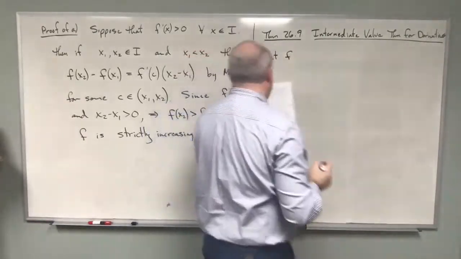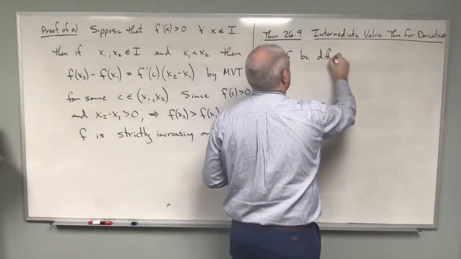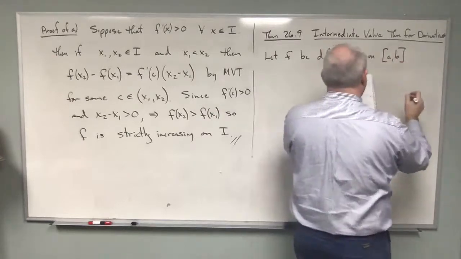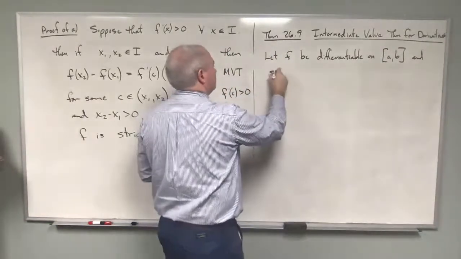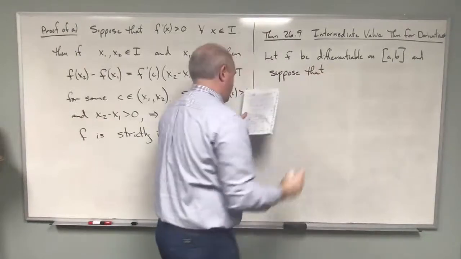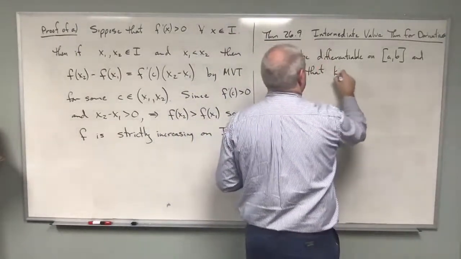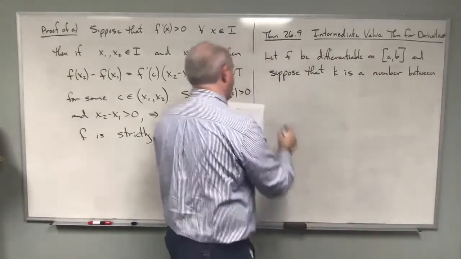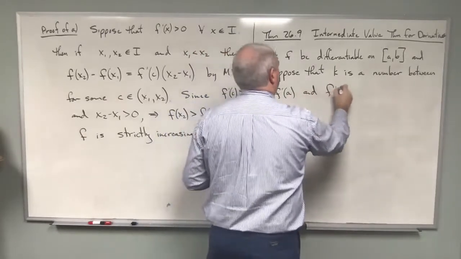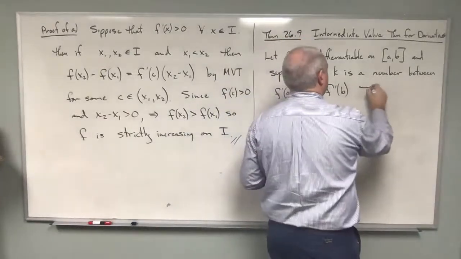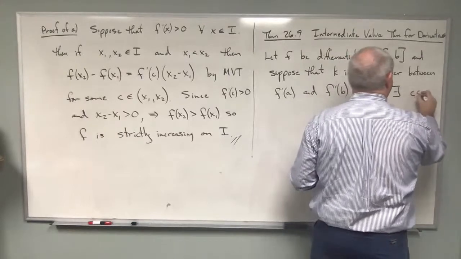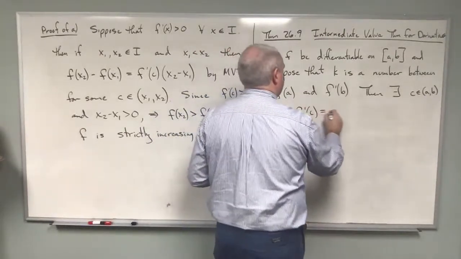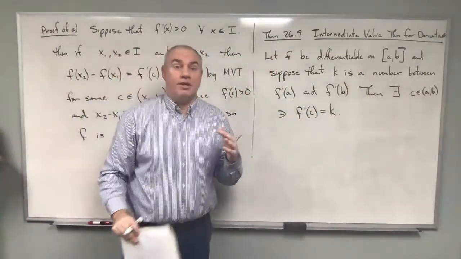So let f be differentiable on the closed interval from A to B, and suppose that K is a number between f prime of A and f prime of B. Then there exists C in the open interval AB such that f prime of C equals K.